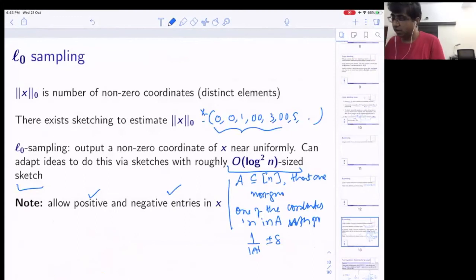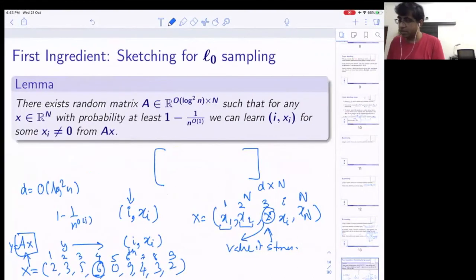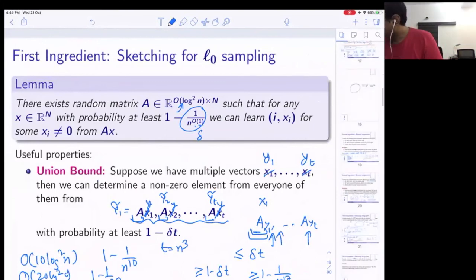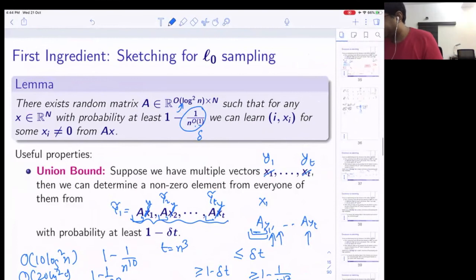So this is the property we had, right? Union bound. You just have to choose how big a constant you need, log square n, so that simultaneously you're able to make sure that each of these is good with very high probability. So that's the first round done.